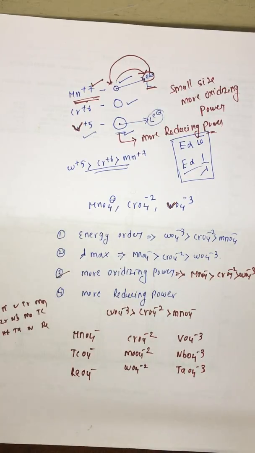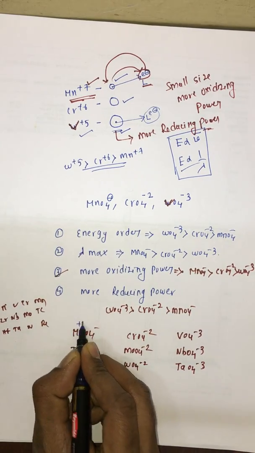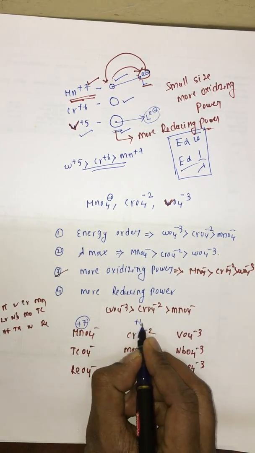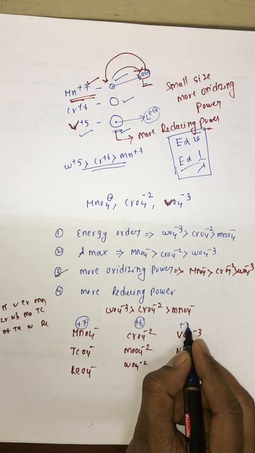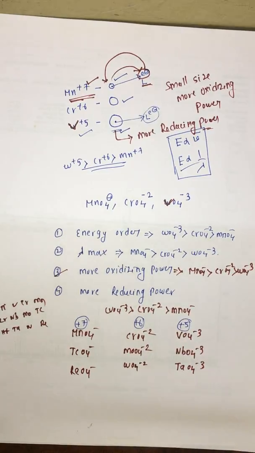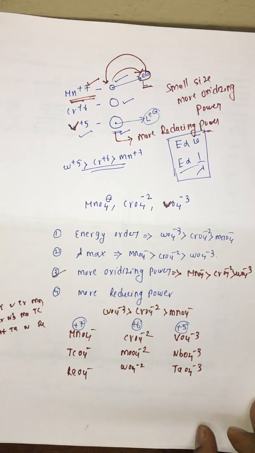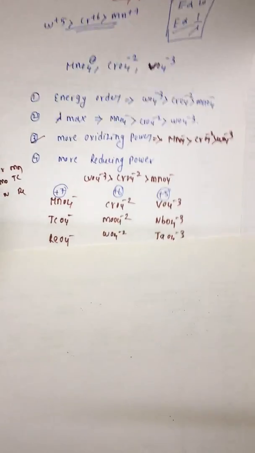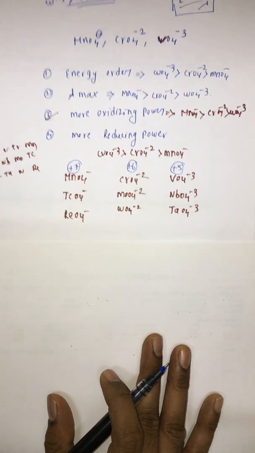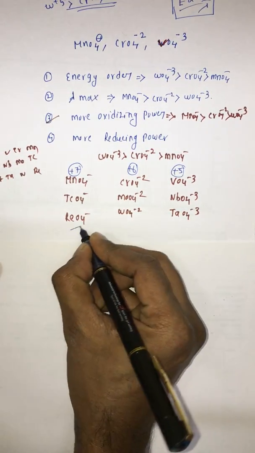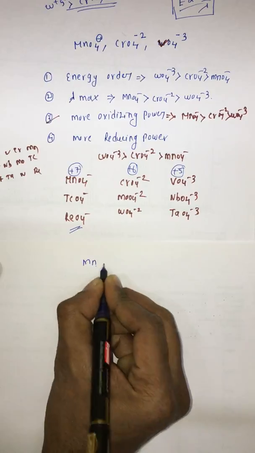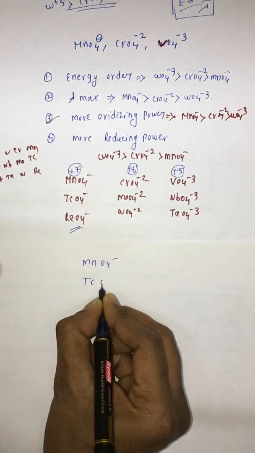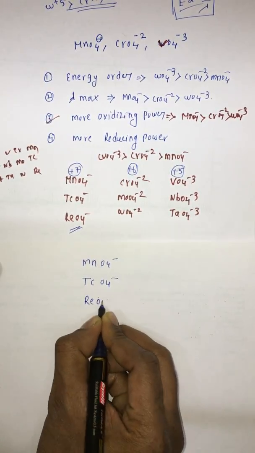Now in all these three cases, the oxidation number is the same: plus 7, plus 6, and here plus 5. First we'll talk about MnO4 minus, TcO4 minus, ReO4 minus.